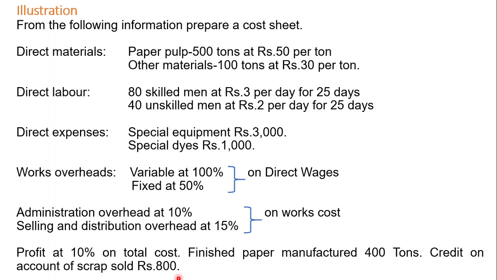This is also to be adjusted in works overhead. So this is the illustration. I advise the students to take note of this illustration, and later we will move on to the solution part. Let us concentrate on the solution part now.